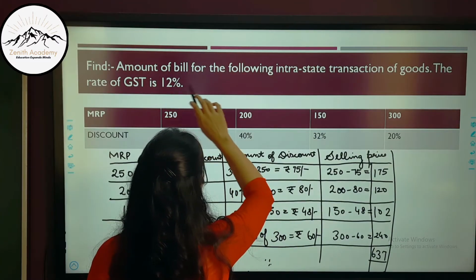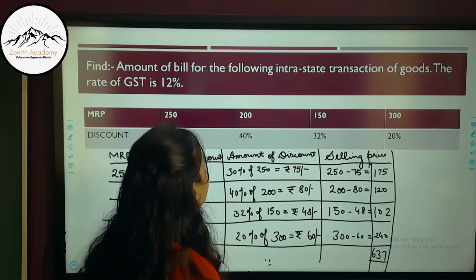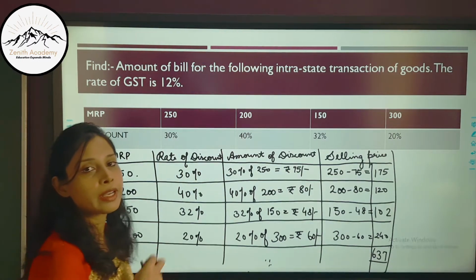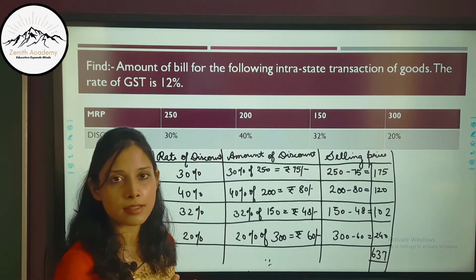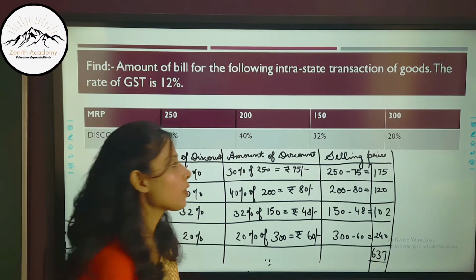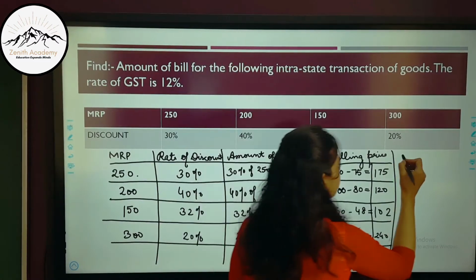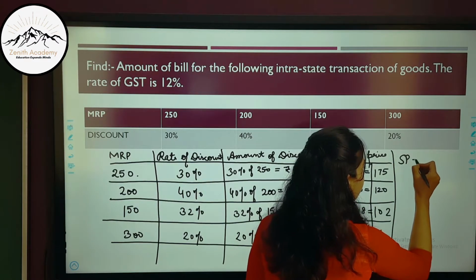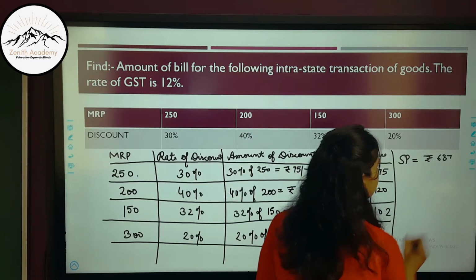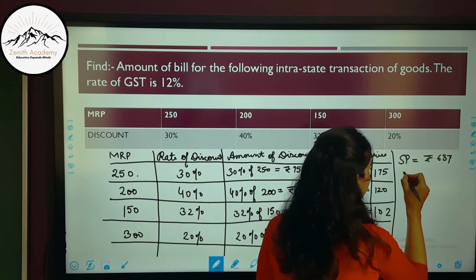We need to find the amount of the bill. Now this is an intrastate transaction and the GST is 12%. So for intrastate transaction we have two taxes, CGST and SGST, equally allocated. So our selling price, or SP, is equal to rupees 637. On this value we'll calculate GST.